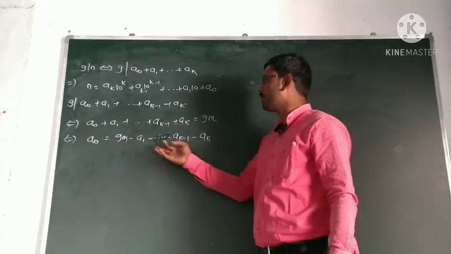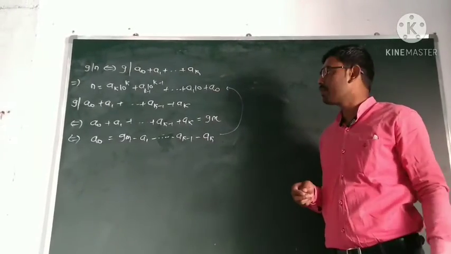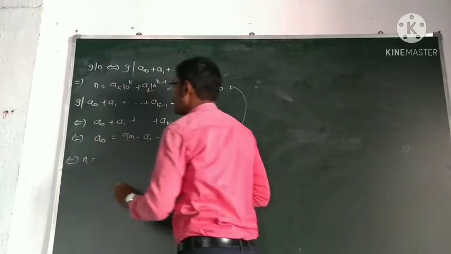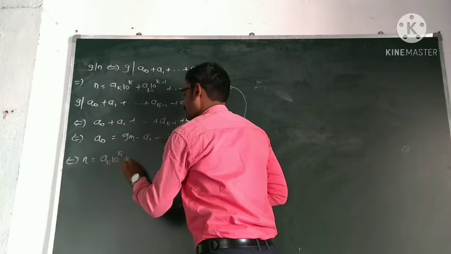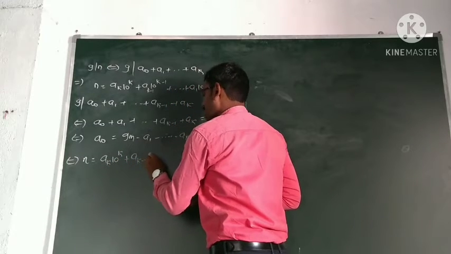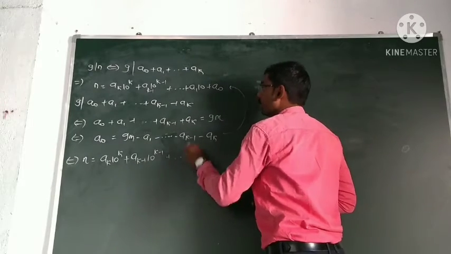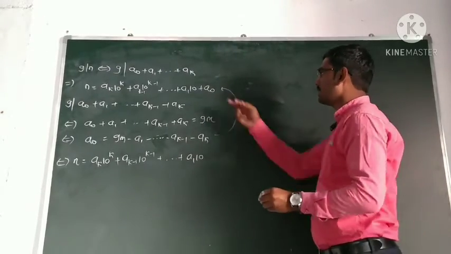Now put this value of a_0 in our general representation of the number. So we get n is equal to a_k 10 raised to power k as it is, plus a_(k-1) 10 raised to power k minus 1 as it is, up to a_1 into 10 raised to power 1 as it is, plus a_0.